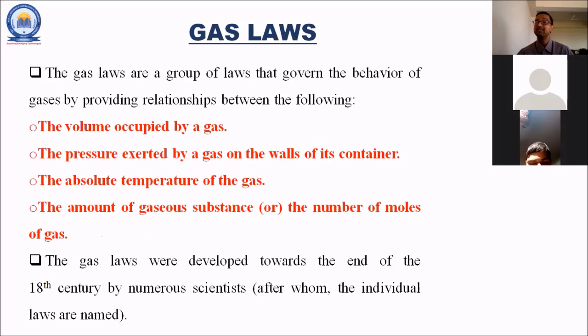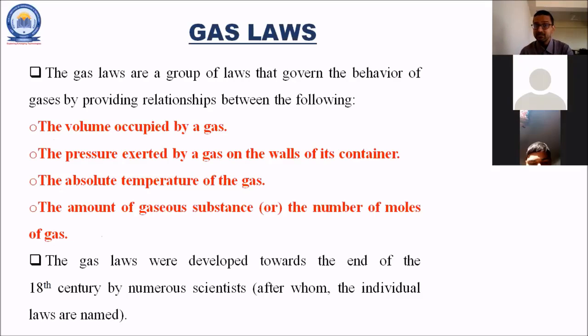Moving further with the next topic, that is the gas laws. Dear friends, the gas laws are a group of laws that govern the behavior of the gases by providing the relationships between the different parameters.